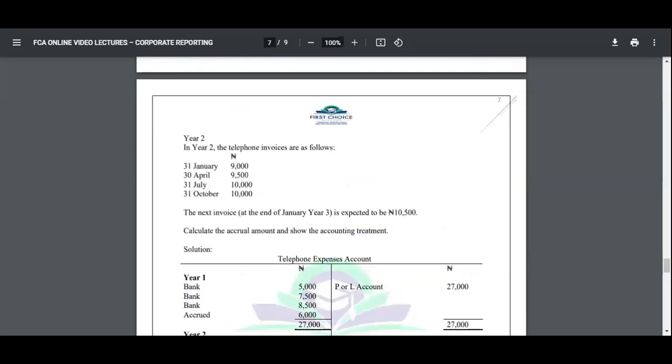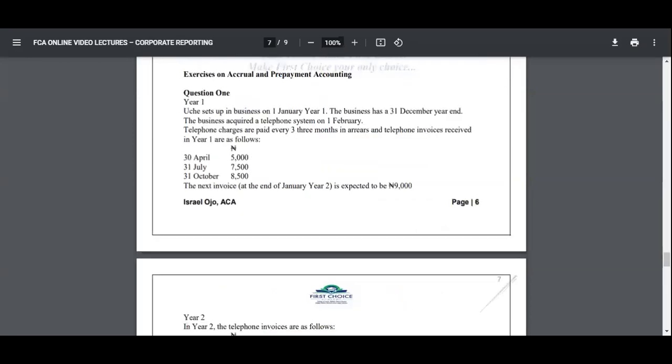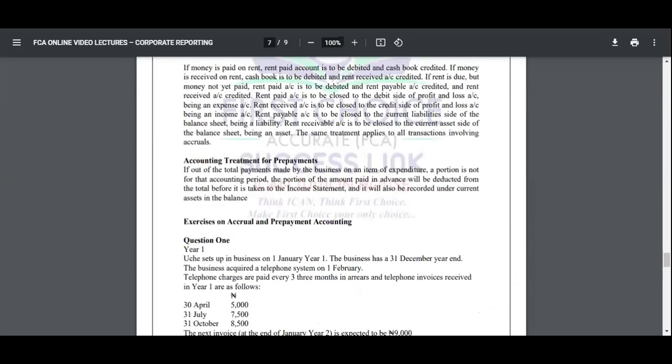Okay, let's look at this illustration. Uche set up a business on 1st January year 1. The business has a December year end. The business acquired a telephone system on 1st February.